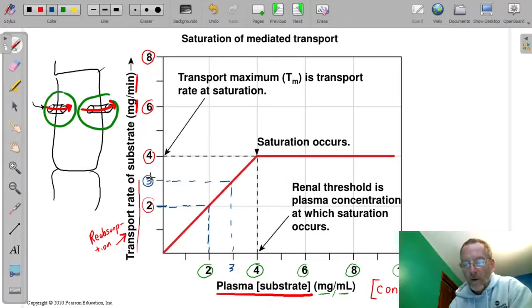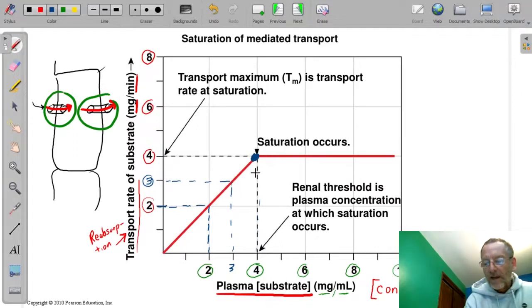Okay, let's go to 4. Same idea. You just go up and hit the line. If we have 4 milligrams per mil in the plasma, we can still reabsorb 4, and we are transporting 4 milligrams per minute.